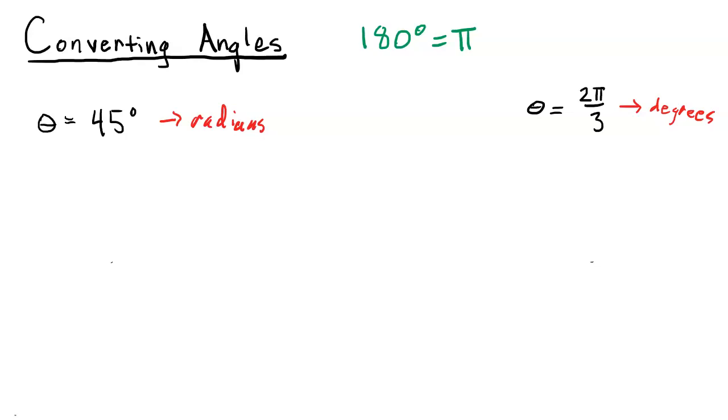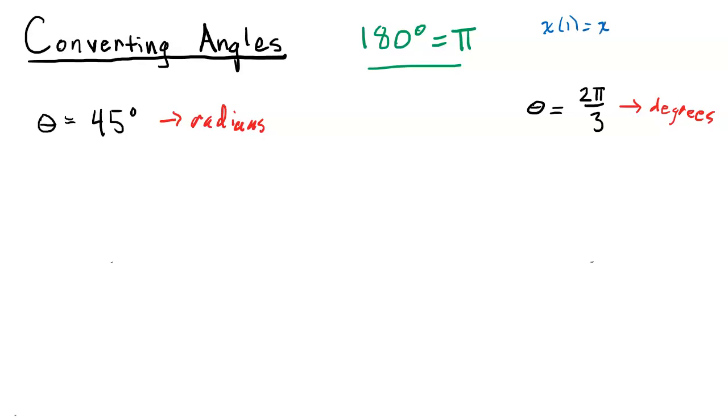Now, how are we going to use this equation in converting these angles? Well, I want you to know that when you have any kind of measurement, let's actually write this on the side. So if you have any kind of measurement x, and you multiply it by 1, you get the same measurement back.